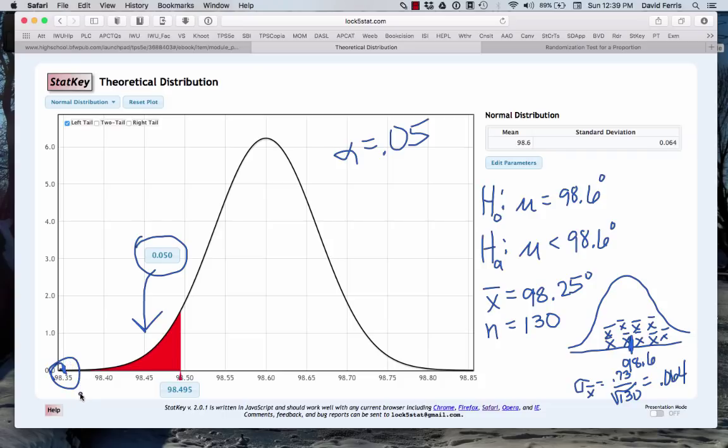But let's think about this in the context of errors. What is the probability of making a type 1 error in this test? Remember, that's the probability of rejecting a true null.